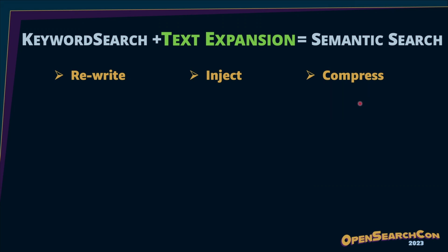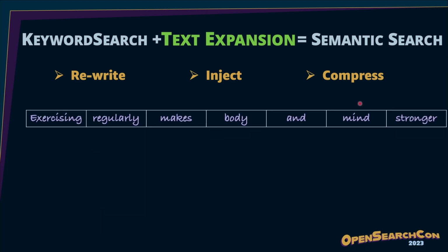One is rewriting, which means you're rewriting your existing keywords in a very different format. Number two is injecting contextually similar new words. Number three is compression. Compression meaning just throw away the less important words and just focus on the important words in your document.